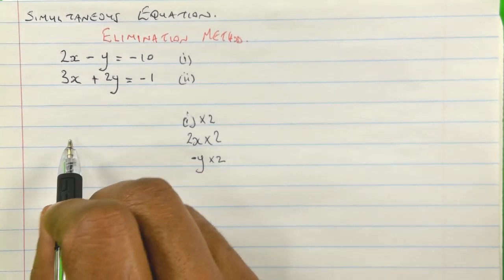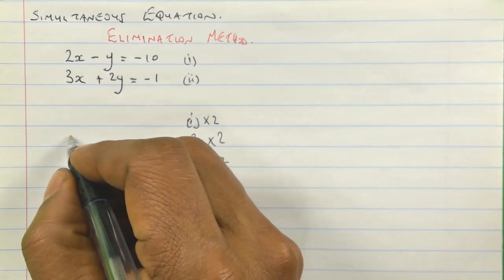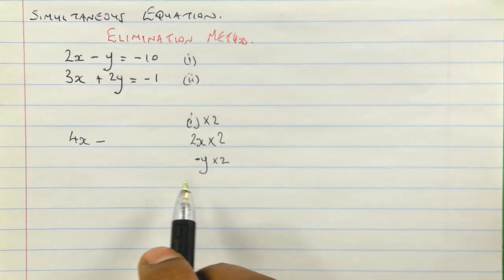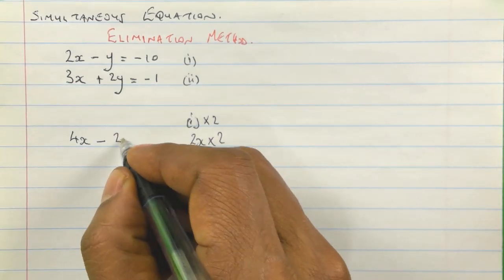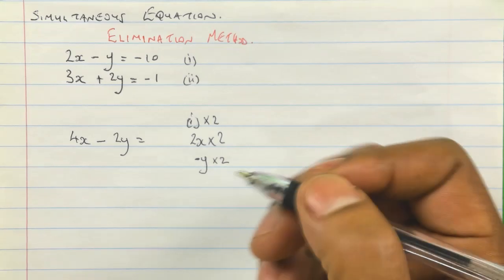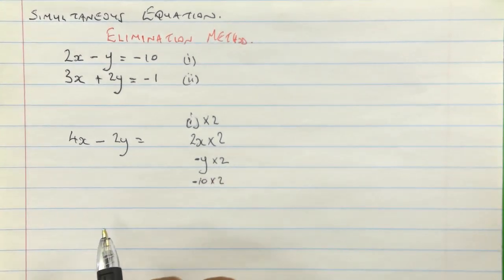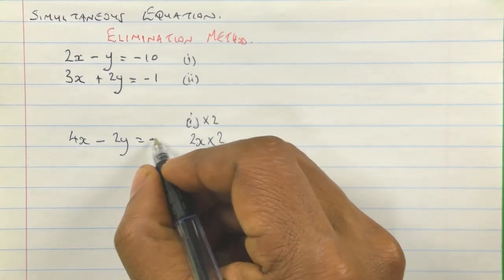So if I have 2x times 2, what will I have? I will have 4x. Then what will this one become? It will become negative 2y. And I must multiply the negative 10 by 2 as well. So what will it become? It will become negative 20.